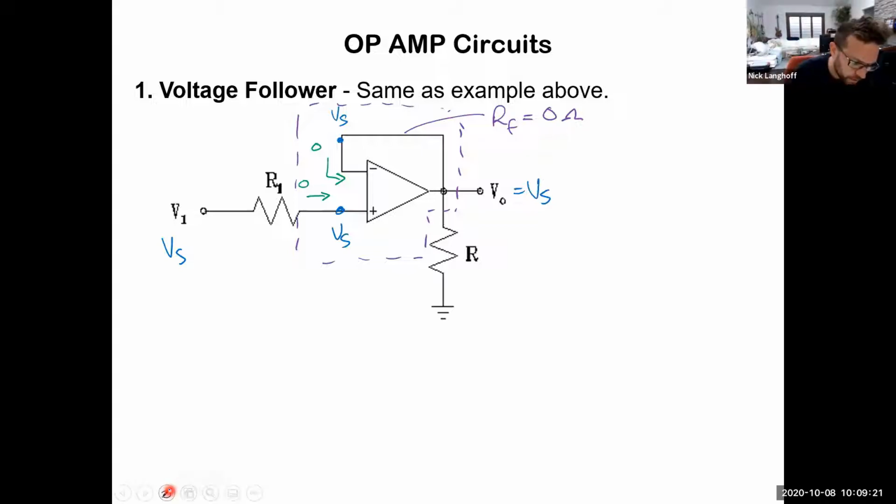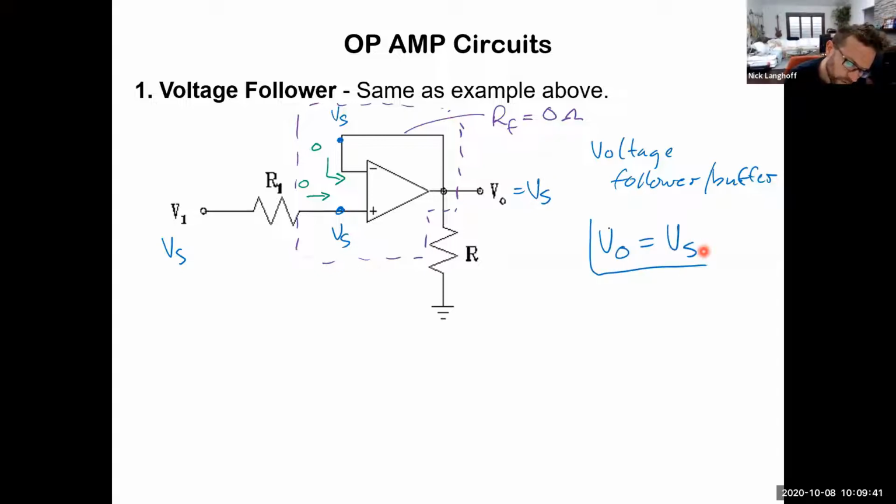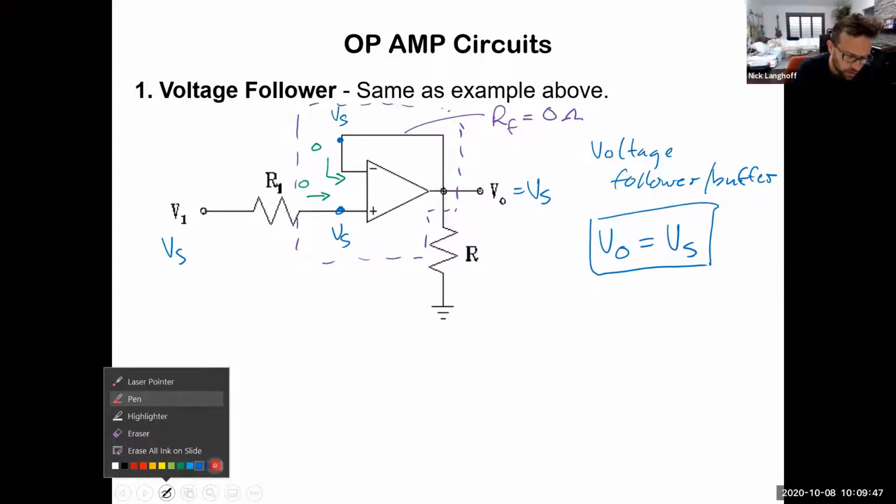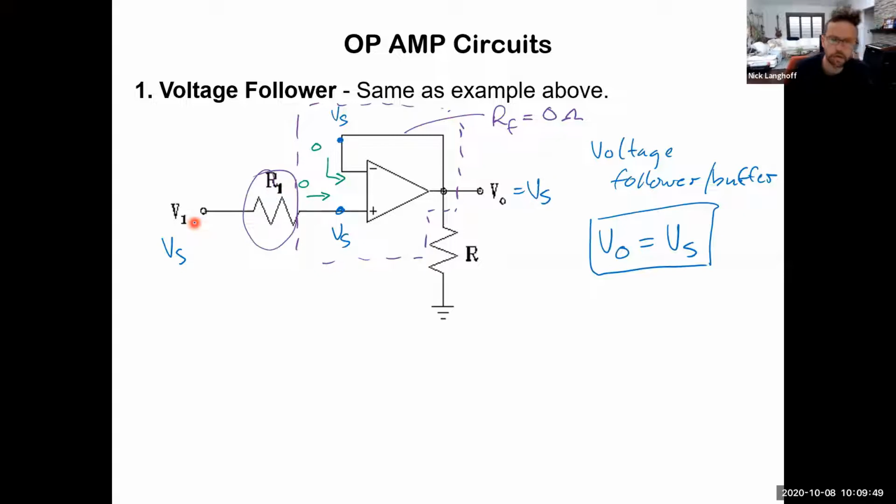That tells you that this is a voltage follower or a buffer. And anytime you see a voltage follower or buffer, you know that the output voltage is just equal to whatever the input voltage is, even if the input voltage is connected through some resistor here, like this.